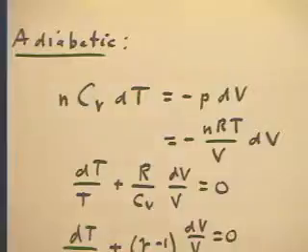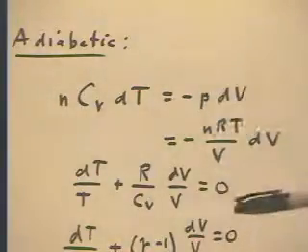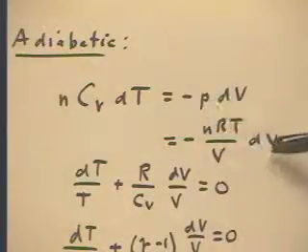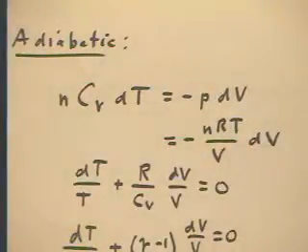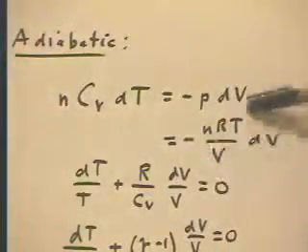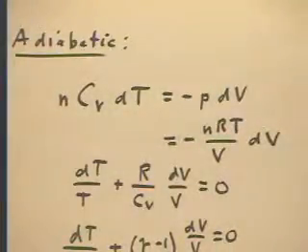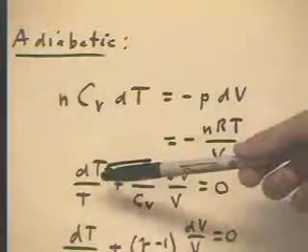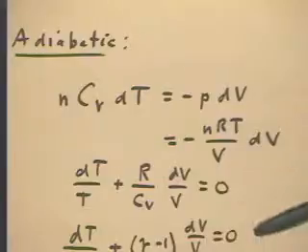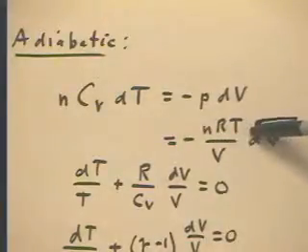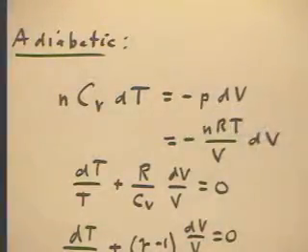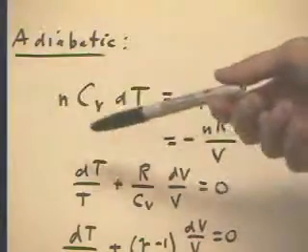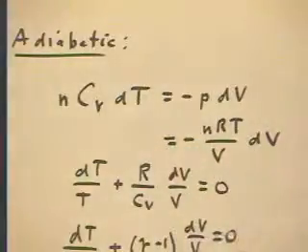which goes into this work. Now, P is just nRT over V, so this P dV is just nRT over V dV, so that we have this equal to this. We can rearrange this easily enough, bringing the dT and the dV over on this side, we're going to get a dT over T. We get that by dividing both sides by nT, so this n will divide out, and we'll end up with a T in the denominator.